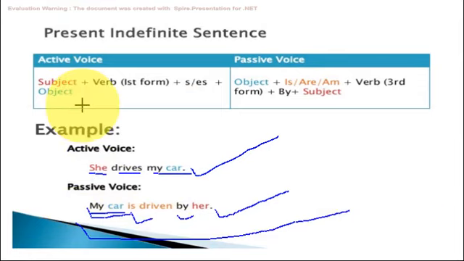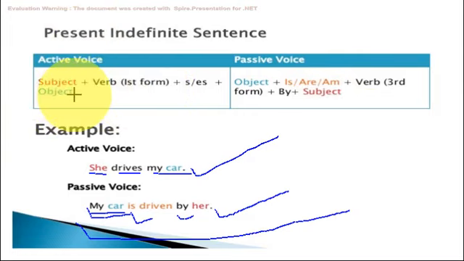I have also given here the formula. You can make use of these formulas in order to convert such kind of sentences from active into passive and passive into active, vice versa. In active sentence you find subject, then verb. As far as simple present tense is concerned, here I have given the formula: subject, verb in first form.